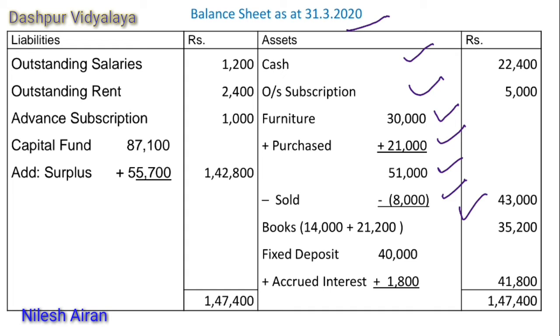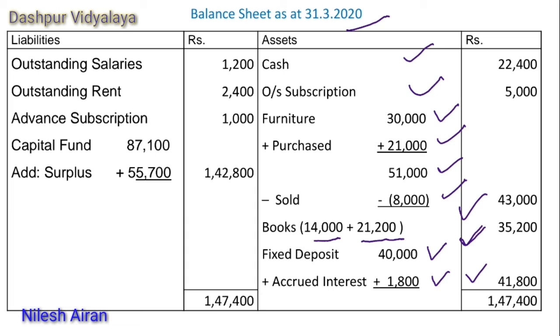Books rupees 14,000 we had, and then additional books we have purchased for rupees 21,200. So the total amount of books will be 35,200. We are given here fixed deposit of rupees 40,000 and accrued interest is given as rupees 1,800. So the total amount of fixed deposit will be recorded as 41,800.